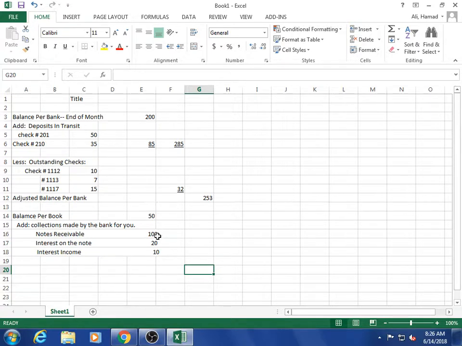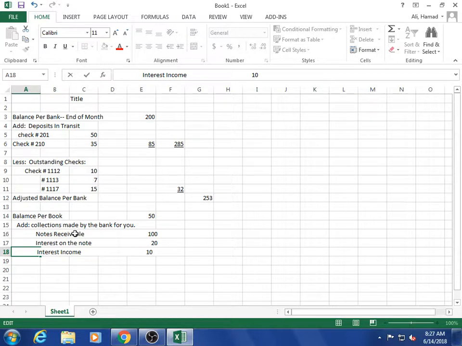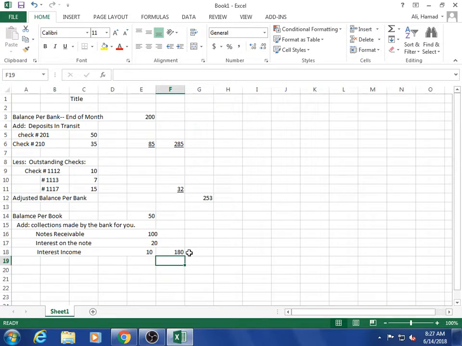It's 50, 150, 170, 180. So the total, let me push the 10 back and put the total here as 180.